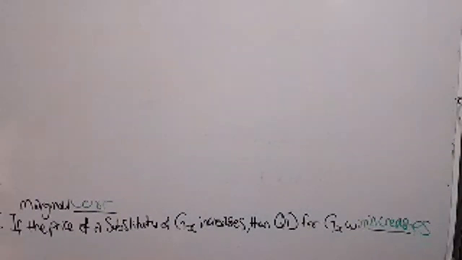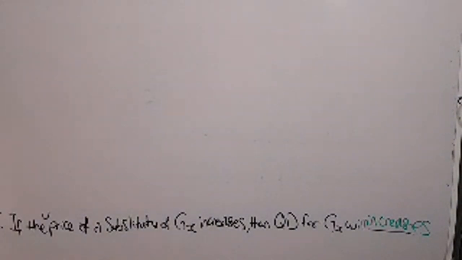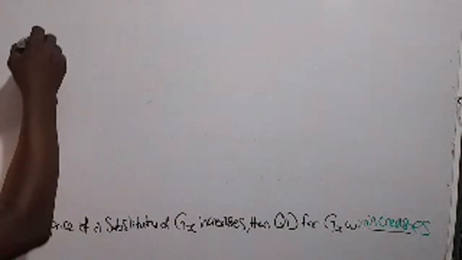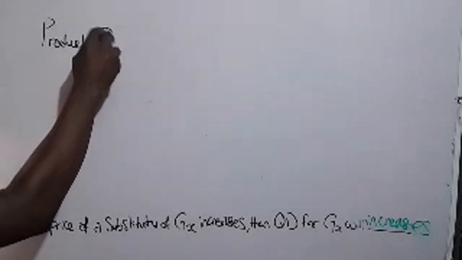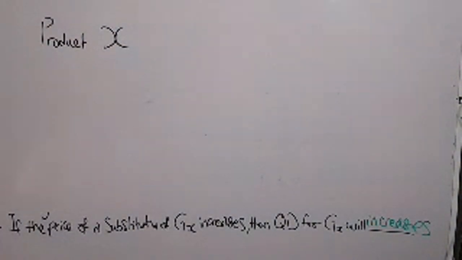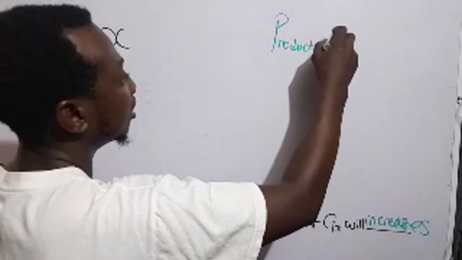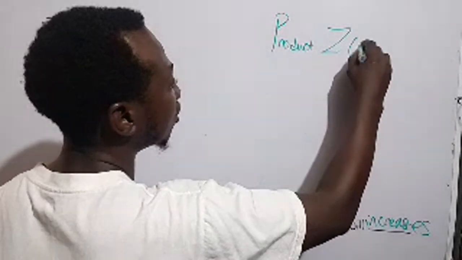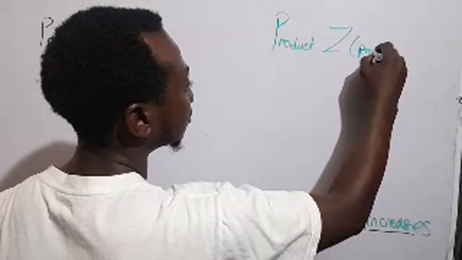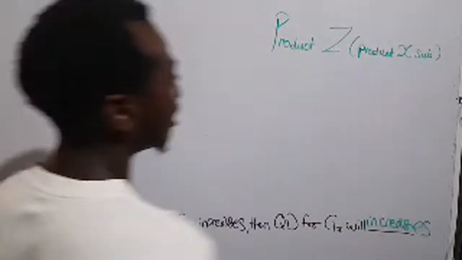Look at it. So we have two products: product X, and product Z, which is product X's substitute.